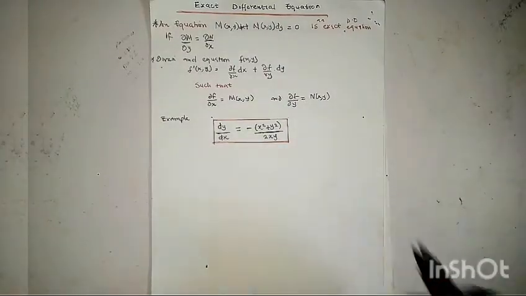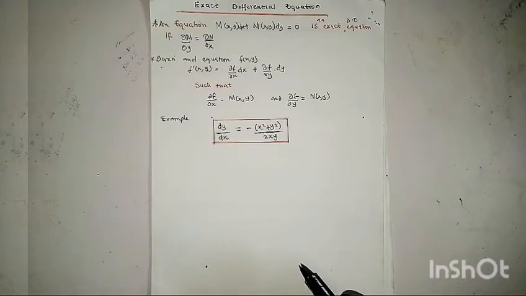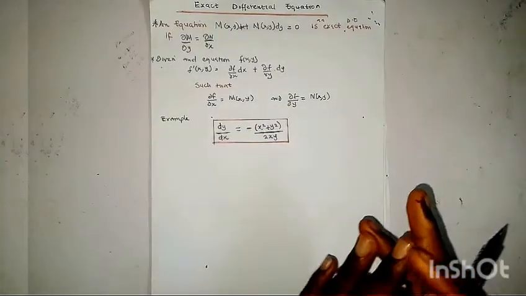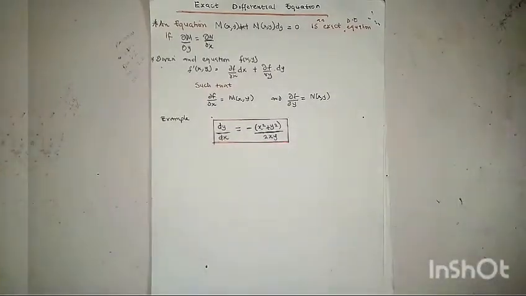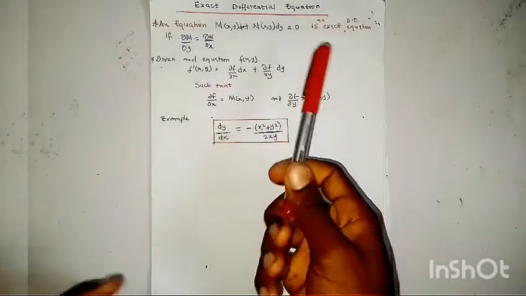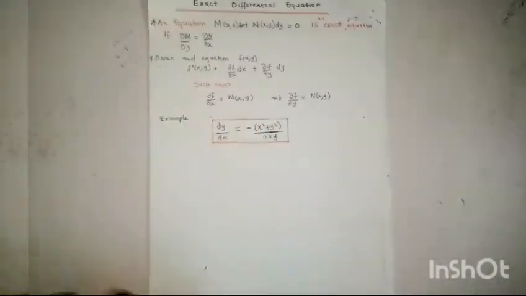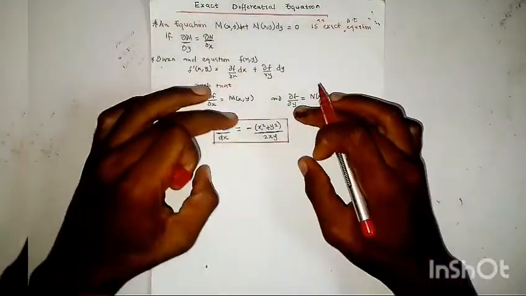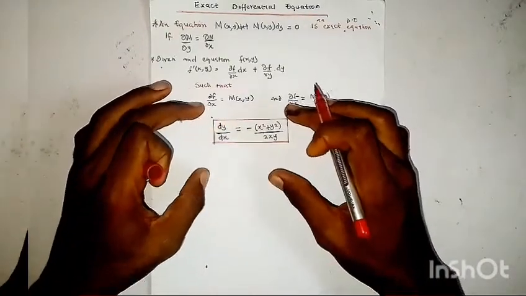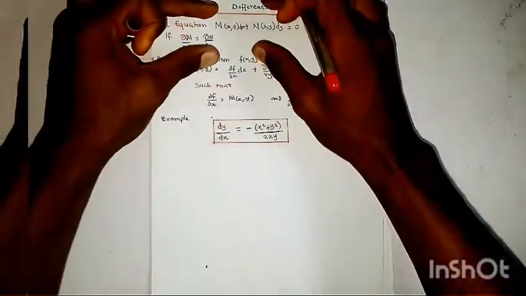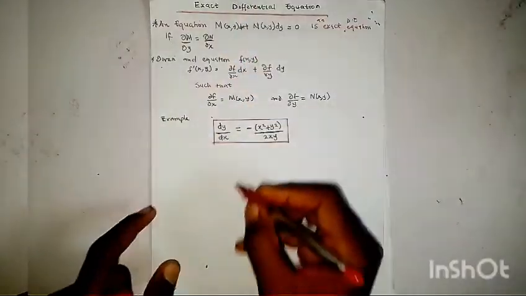Now, for example, you are given this particular equation and you are asked to solve this exact differential equation. Like I said, the question will mostly be given to you in this form. So if you are given the equation in this form, the only thing you do is to express it in this form. So how do you express it in this form?